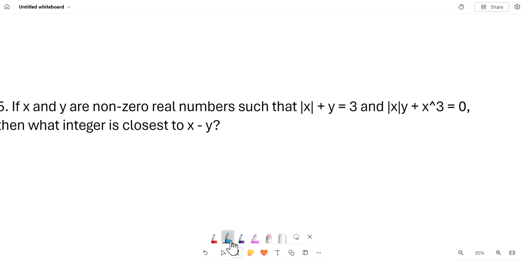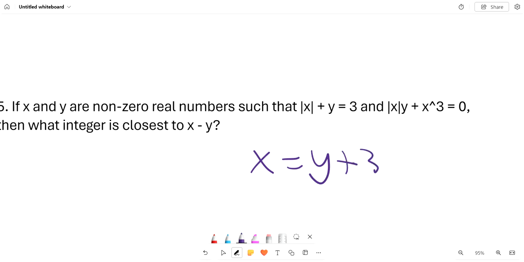So let's say x is positive. If x is positive, then that means that y would be negative, because this would be positive, this would be positive, and this has to be negative for this to be 0. But if that's negative, then that means that this has to be 3 more than y. So x equals y plus 3.